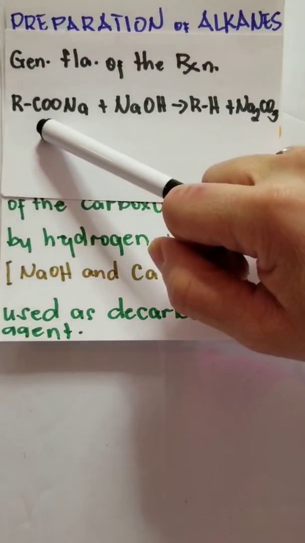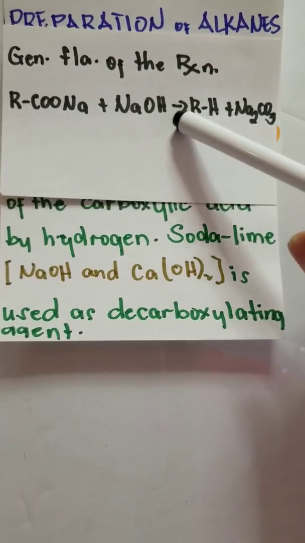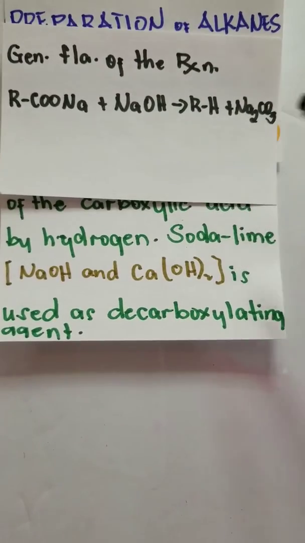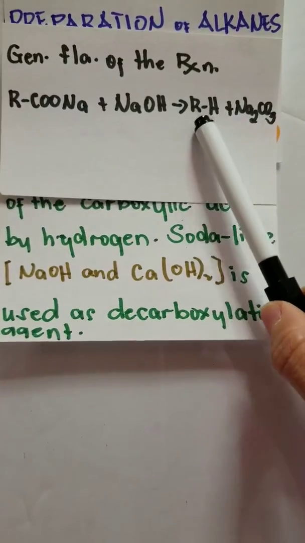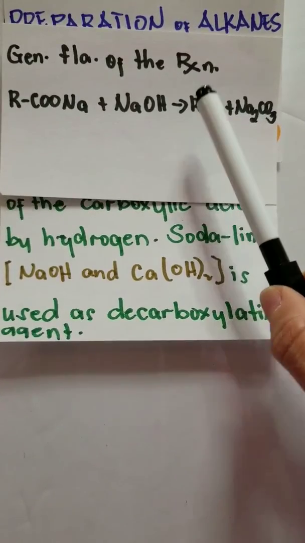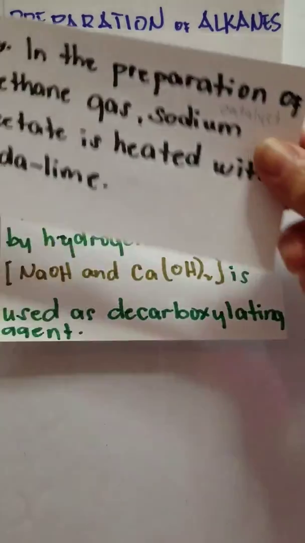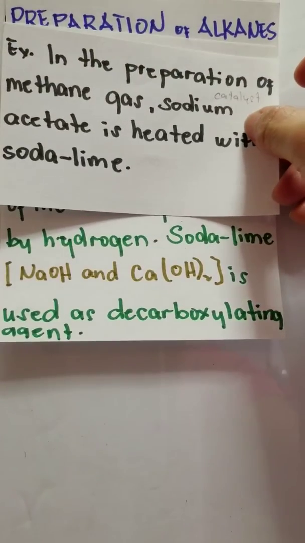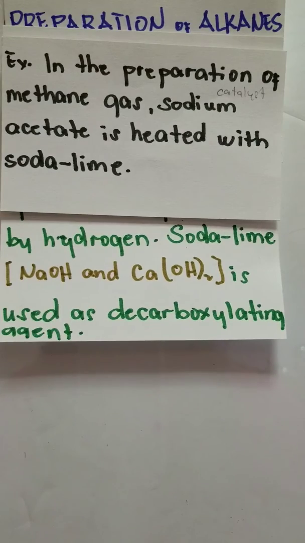This is the general formula. For example, in the preparation of methane, our product is methane, your alkane hydrocarbon compound. How are we going to produce methane?